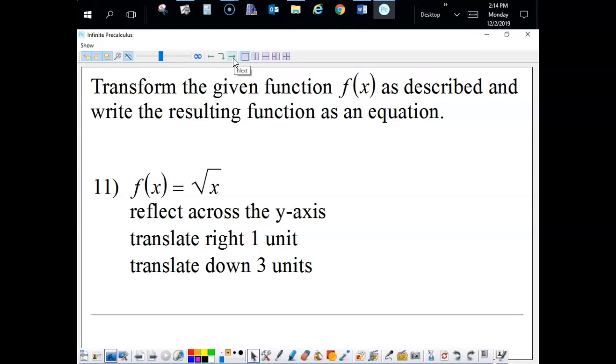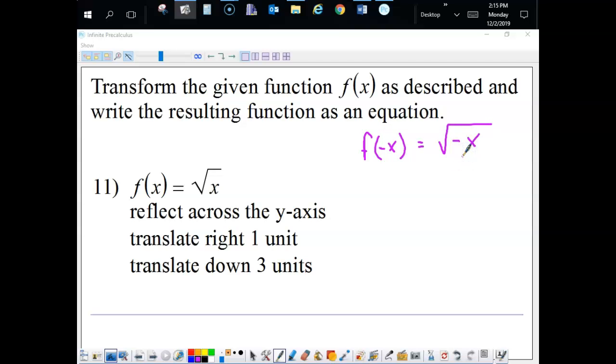So let's take a look at number 11. All right. So this one says reflect across the y-axis. So when you reflect across the y-axis, what do you do? A negative inside the parentheses.